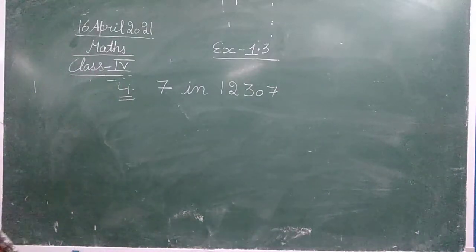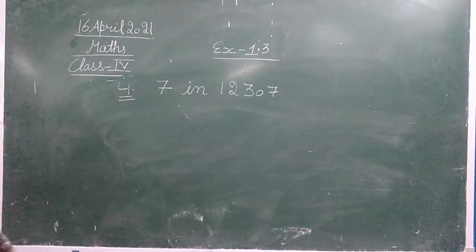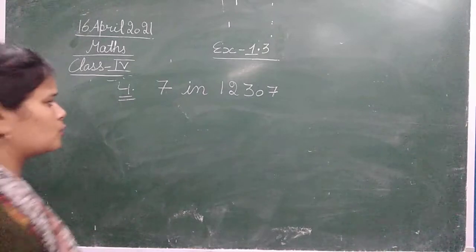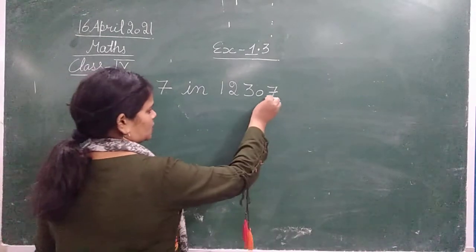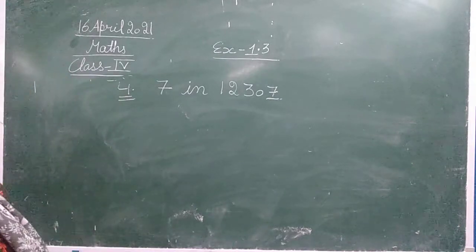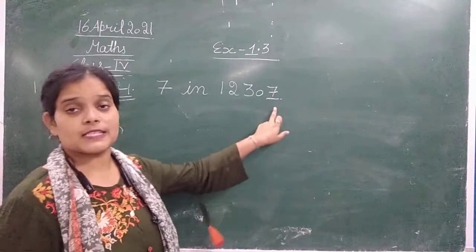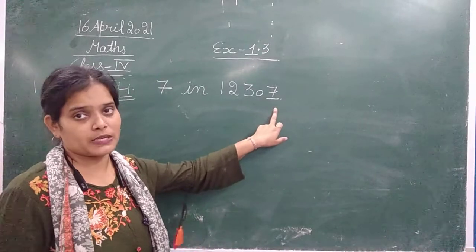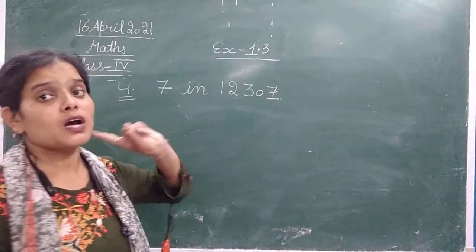At which position is 7 appearing? Here, 7 is appearing at the ones place.